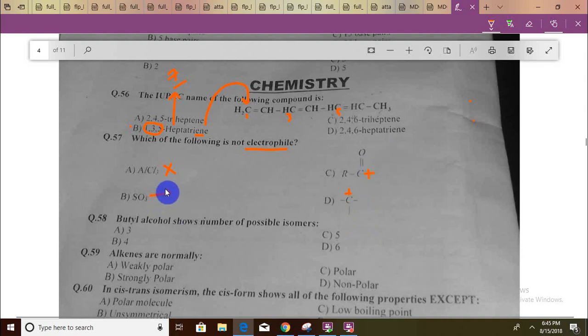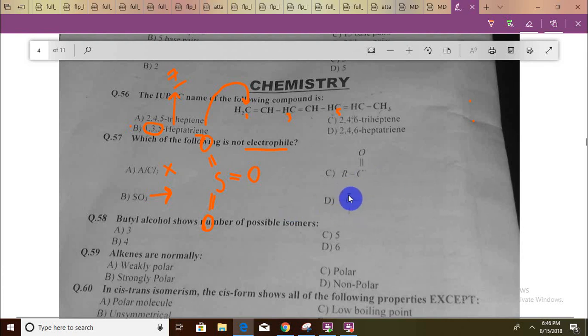Over here we have SO3, and SO3 is not what you would call electrophilic because it has this configuration. Though it is indeed used as an electrophile in some cases, you would not consider it to be an electrophile as such, even though you can use it in electrophilic substitution.